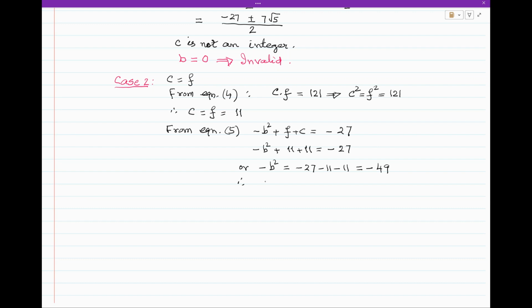Therefore, b square is equal to 49 or b is equal to 7.